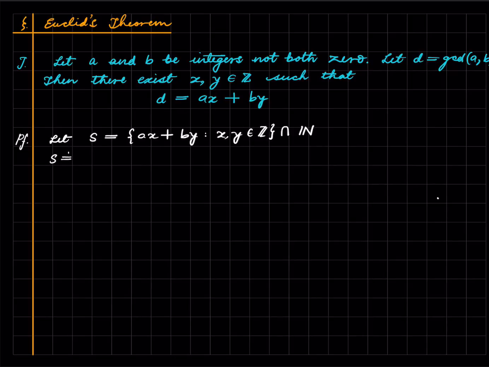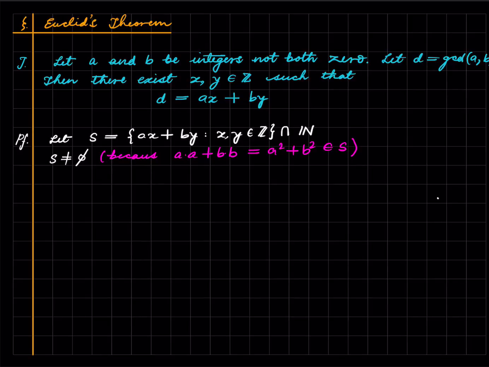S is non-empty because a times a plus b times b equals a squared plus b squared is in S. And since not both a and b are 0, this is a positive number, and therefore this is in S, and S is non-empty.